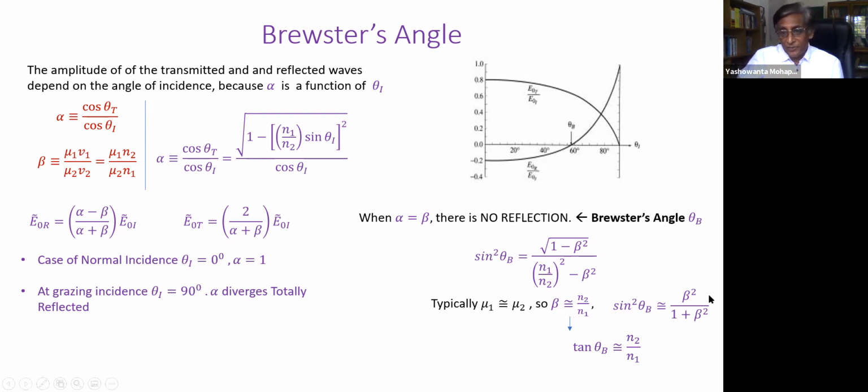For an air-glass interface, tan theta b must be 1.5, and so theta b is tan inverse 1.5 if n2 is 1.5. That's how you get this angle so simply. This is a detailed calculation, but you can obtain the Brewster angle for two dielectrics by making the assumption that mu1 is equal to mu2.